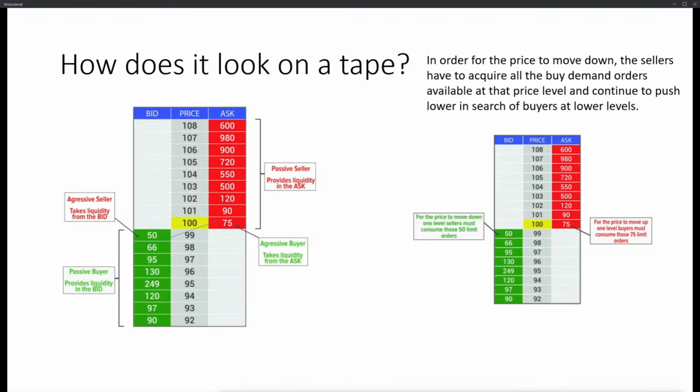Would you accept it? Now, maybe if you buy all 100 for 99, I would accept it. You only have 75 at 100. If you buy 75 from me, I would accept it.